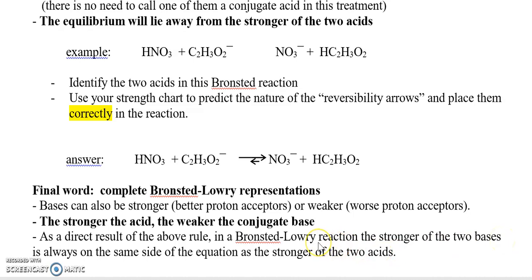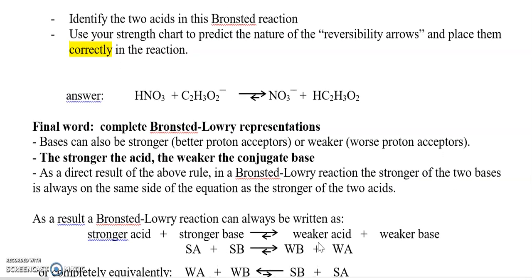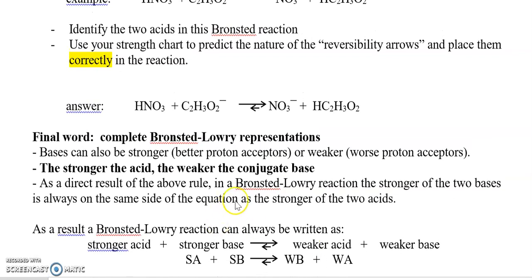So the stronger of the acids and the stronger of the bases are always paired on the same side of the reaction. And what that means is we can represent the Bronsted-Lowry reaction by the stronger acid and base on one side and the weaker acid and base on the other side. And remember, the equilibrium will lie away from the stronger acid and, of course, now also the stronger base.